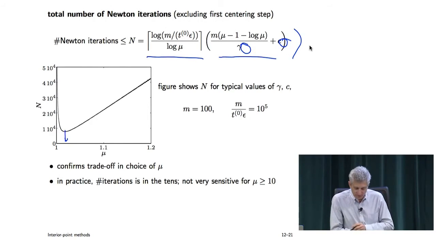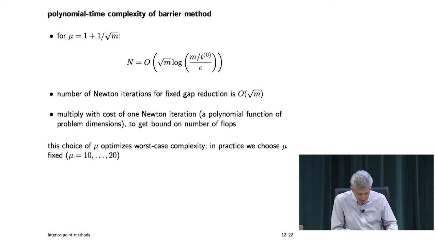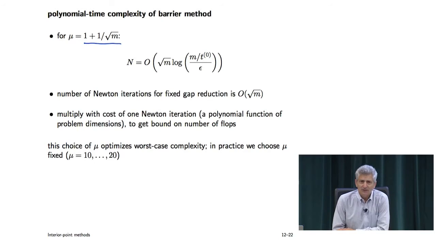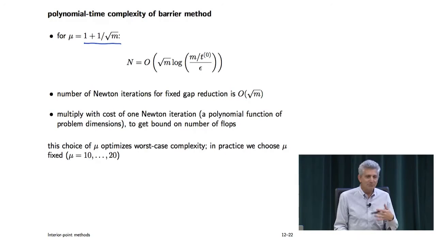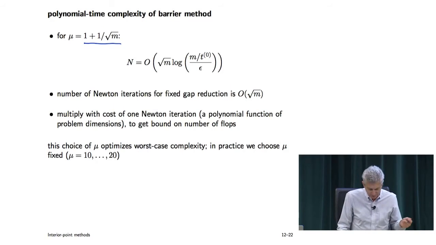And what you do now is you optimize over mu, and here's what you get approximately. It says that mu should be 1 plus 1 over square root m, right? Now, in practice, you would never do this, right? You'd have mu equals 100 or something like that. And later, I'll tell you, in fact, how this is really done. Someone already hinted at it earlier. Mu is actually adapted every step, right? But roughly.